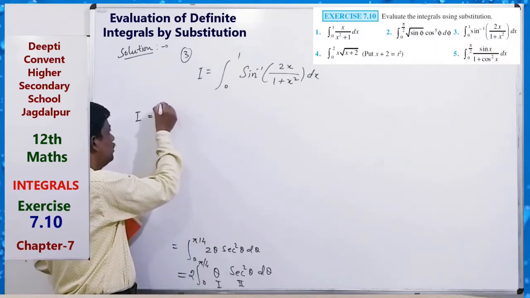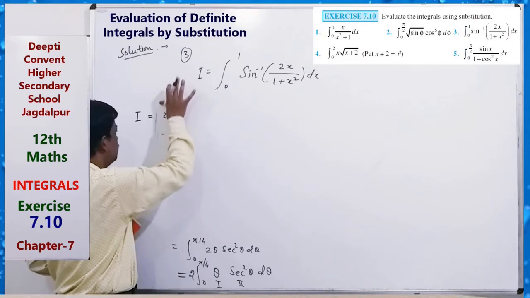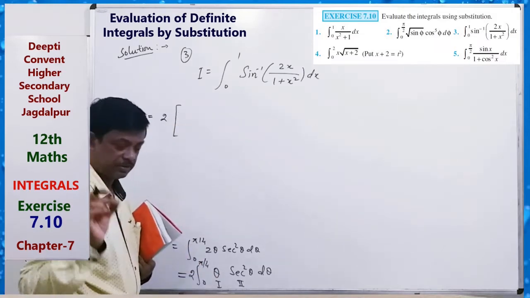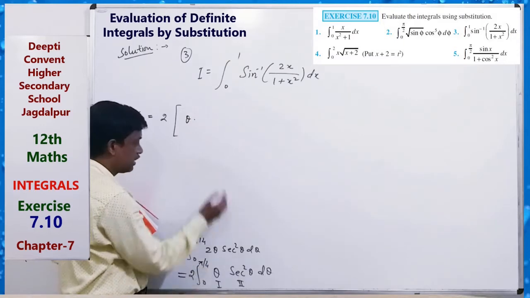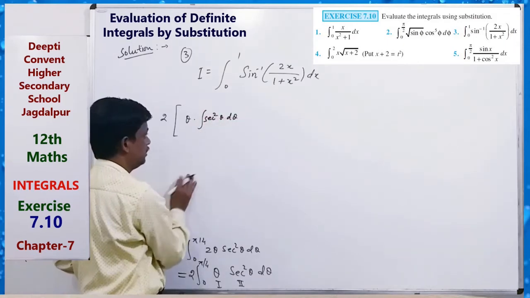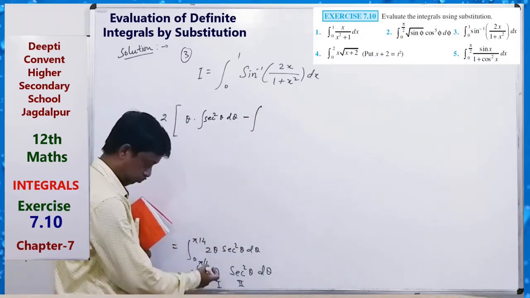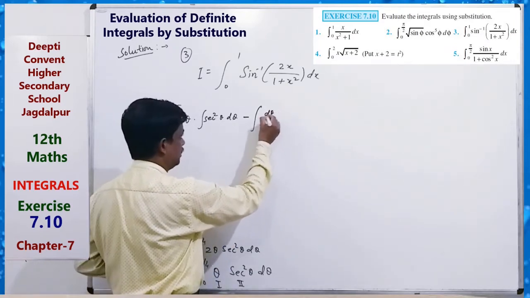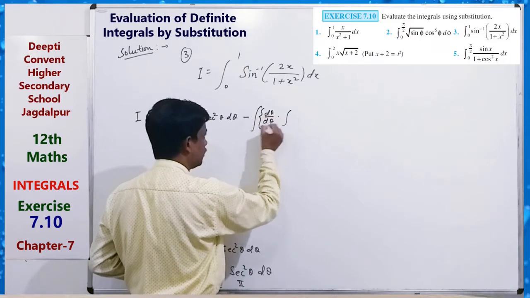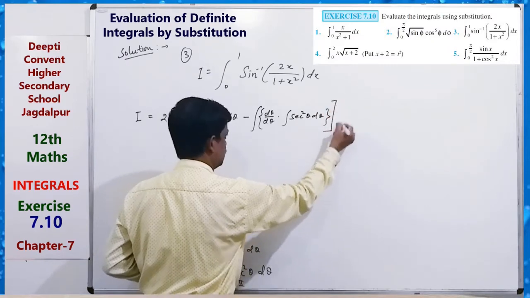So you can write 2 outside, and integration by parts: first function into integration of second, integration of sec square theta d theta, minus integration of derivative of first, d theta by d theta, into integration of second, whole over limit 0 to pi by 4.